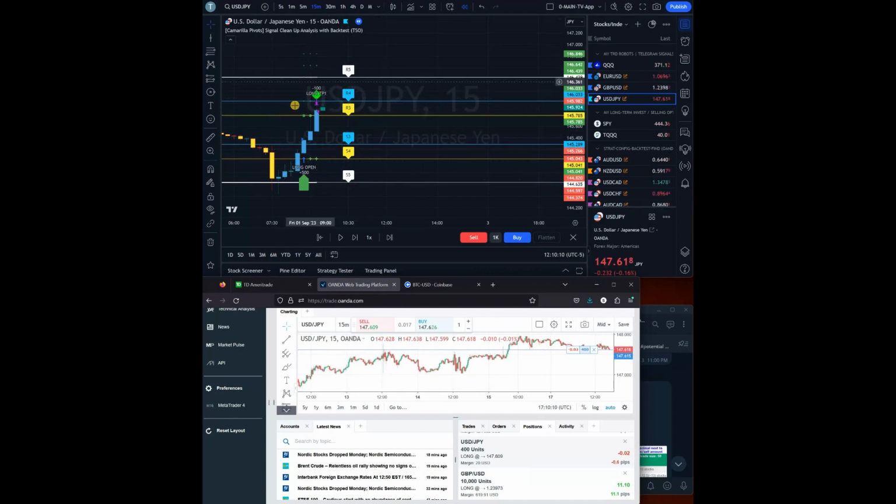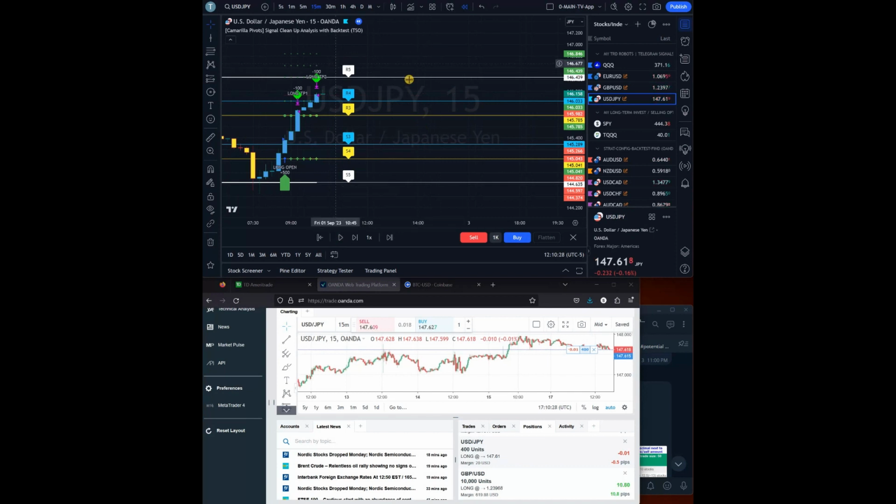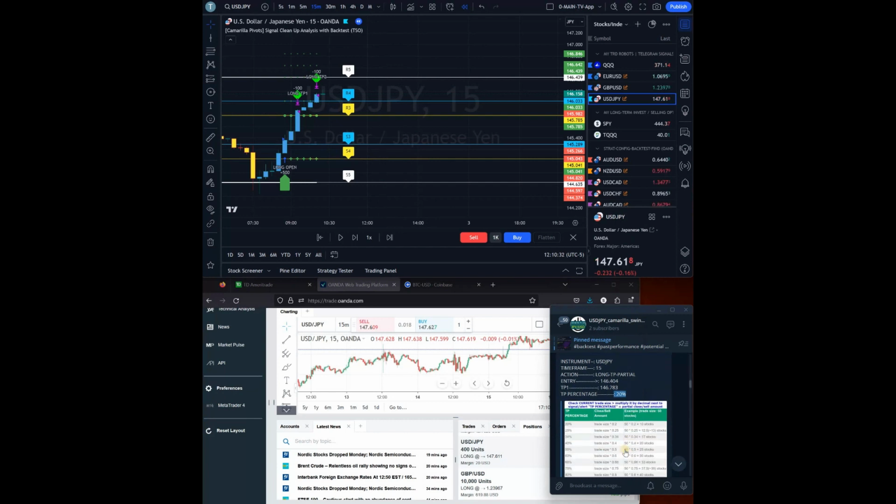So it's going to be pretty easy to follow on the indicator especially. It shows you actual stocks or lots numbers. Let's go further with our Forex trade. There you go. Take profit 2. We hit it. It's going to look like this here, same way as QQQ or anything else.